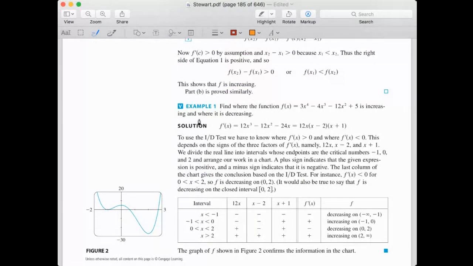Let's see example 1. We want to find where this fourth degree polynomial is increasing and decreasing. So we take the derivative, and we get a cubic, a polynomial of degree 3. The original function is a polynomial of degree 4, and the first derivative is one degree lower. We can factor this.